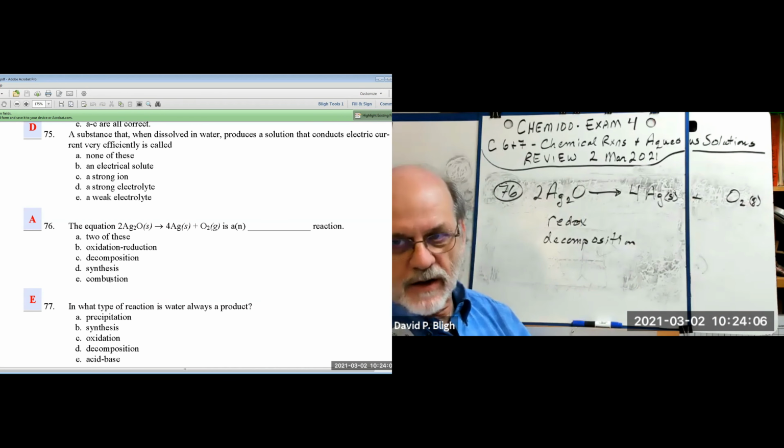Aqueous solution of ammonium sulfide. Right? This is a 2 minus, this is a 1 plus. Actually, I should have written that out here. Give myself some room. And that's aqueous.